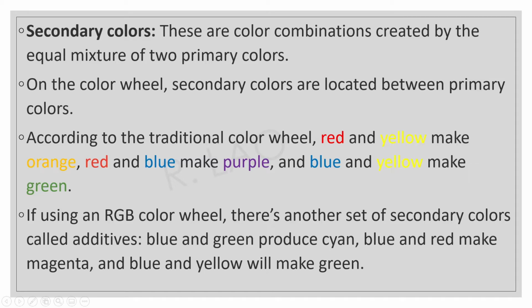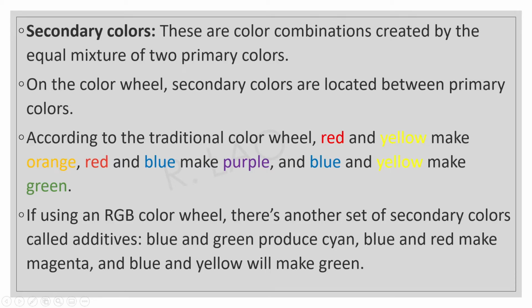If you are using RGB colors, there is another set of secondary colors called additive colors. These are used for digital work. But if you are working physically, then we will follow the traditional primary colors.